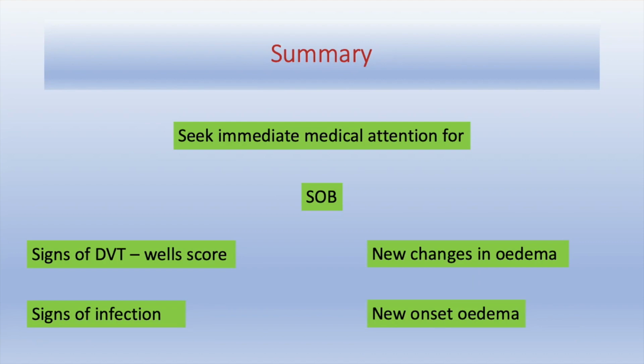So in summary, if somebody presents with peripheral edema and has shortness of breath, has any signs of DVT, scores 2 or above in the Wells score, shows signs of infection, has redness and inflammation, has new changes to pre-existent edema, or the edema is of new onset, then seek medical attention immediately.